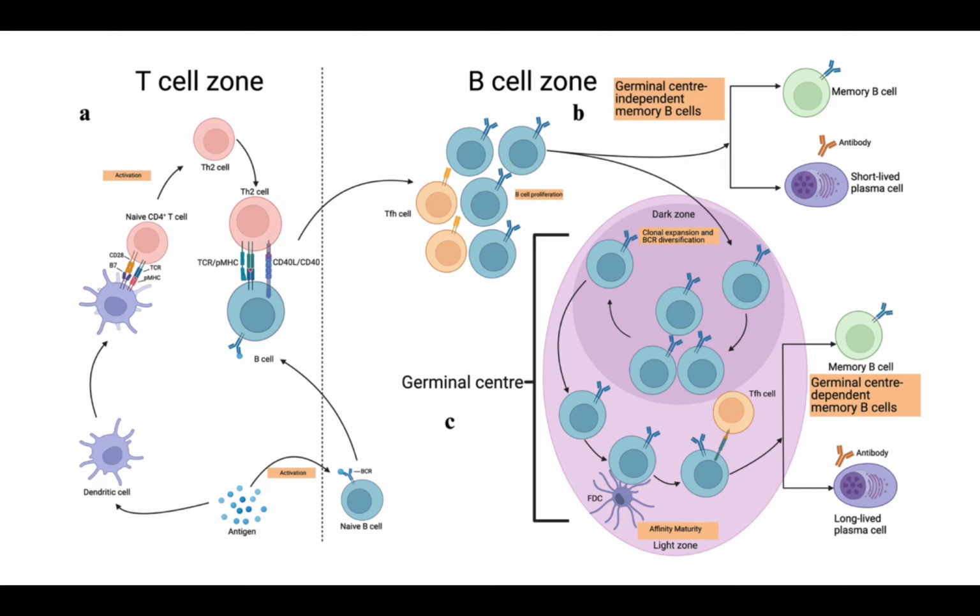Memory B cells can be recalled at a later time point, and if the infection comes, they readily help in the release of antibodies and the clearance of the infection. Long-lived plasma cells are similar, but they have antibodies that are readily released, and they express different markers when compared to the memory cells.